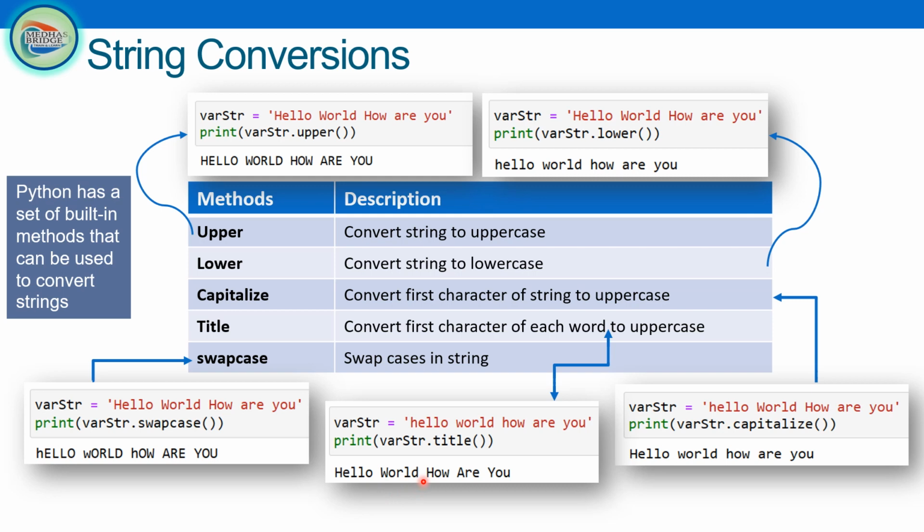All first letters got converted into uppercase. Now method swapcase. Swap cases in string. Converts uppercase character into lowercase, lowercase characters into uppercase character.